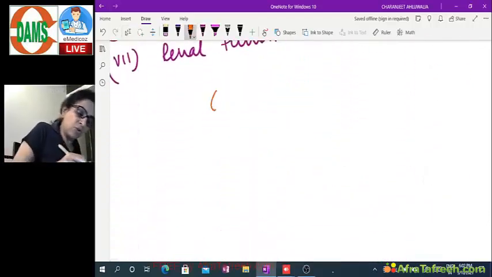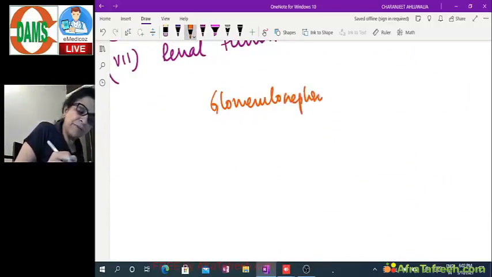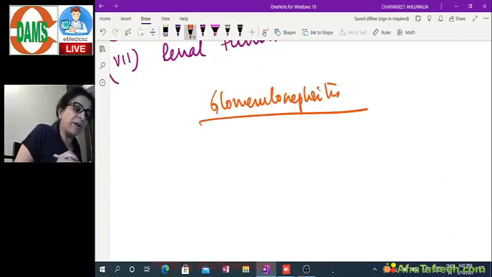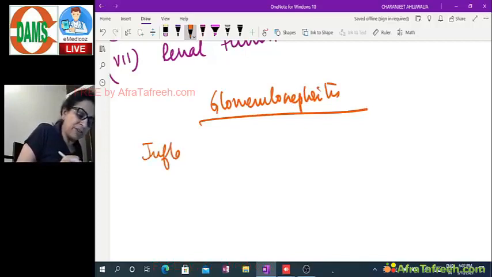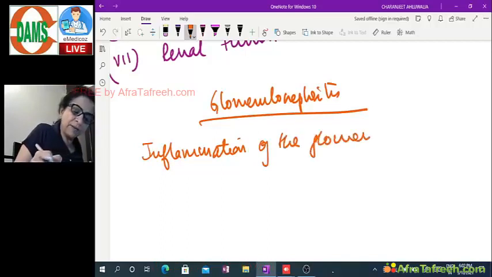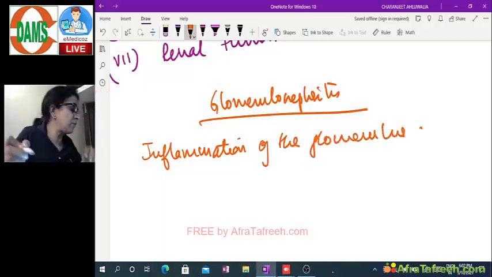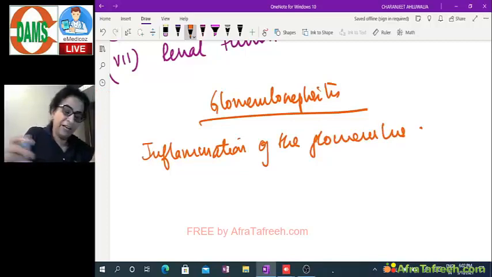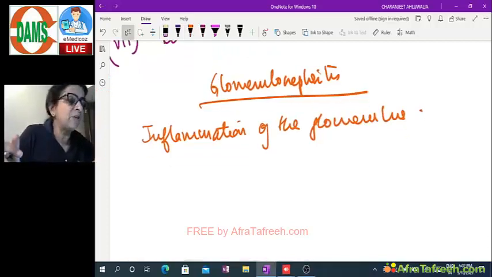Now let us come to glomerulonephritis. Inflammation of the glomerulus is called glomerulonephritis. If a patient has glomerulonephritis, what will the patient present with?